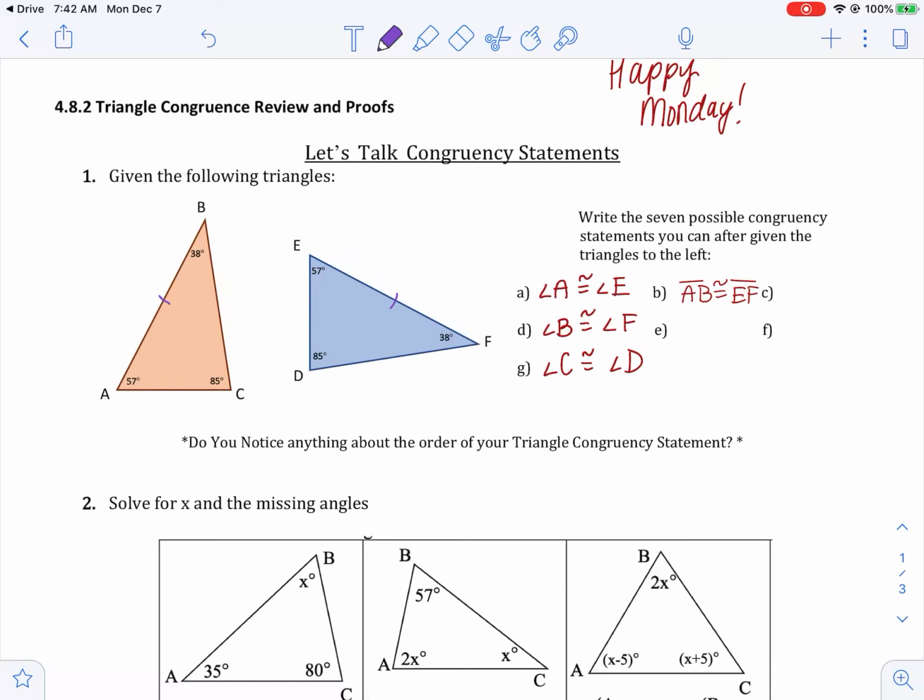I know that the side AC is congruent to the side ED. And then I also know that my side BC is congruent to my side FD.